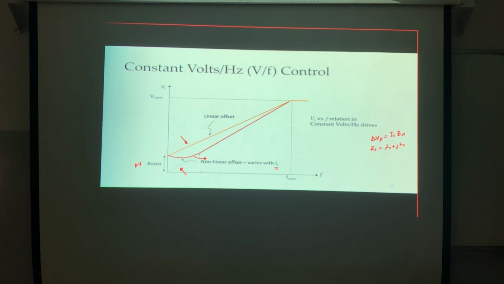Someone will say, why are you doing that? Simply, it's very straightforward to specify a minimum frequency, F minimum, and this will be F rated, such that between F minimum and the rated, the relation will follow the constant V over F. Now, for frequency less than the rated, fix the voltage, or simply restrict the inverter from operating at a frequency less than F minimum.